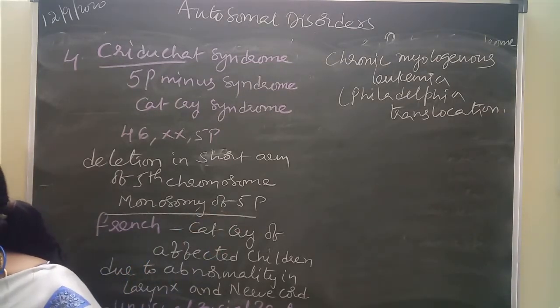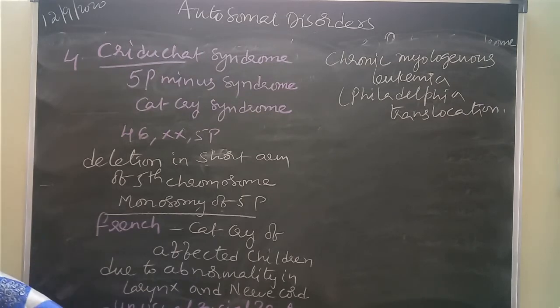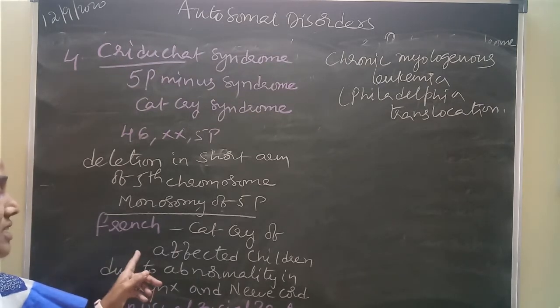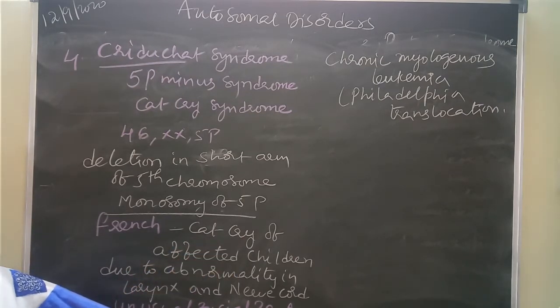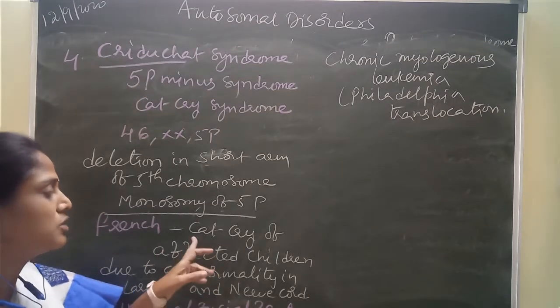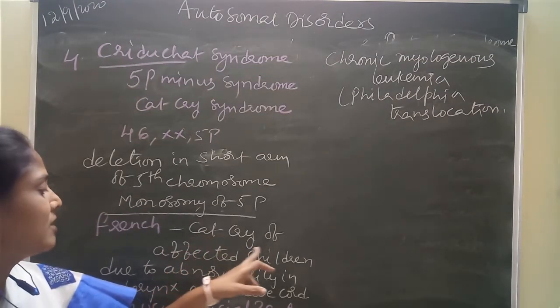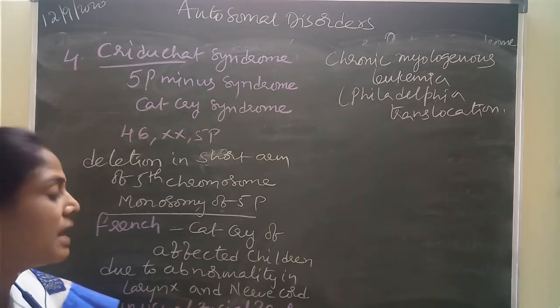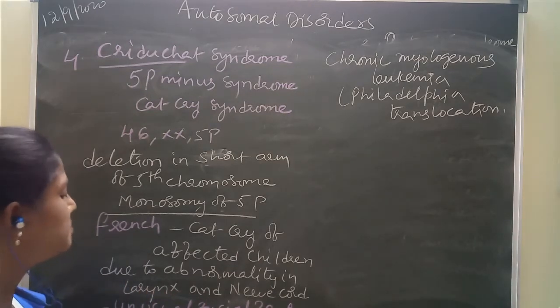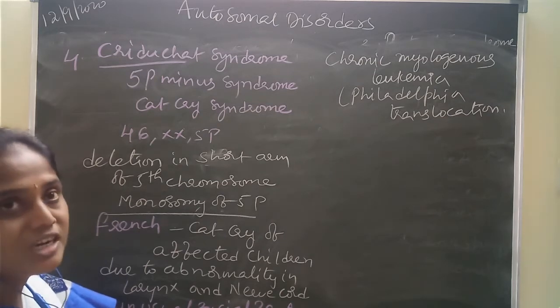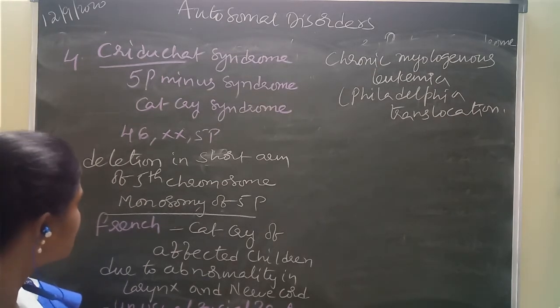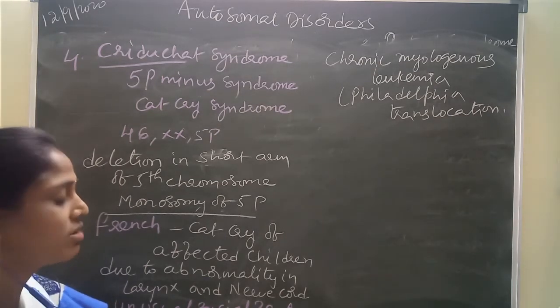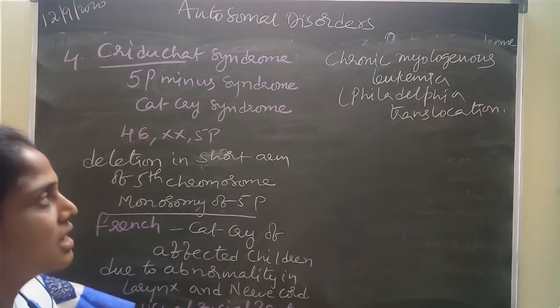It is a French term relating to the characteristic feature of the cat cry of the affected children, and it is only due to abnormality in the larynx and nerve cord. The symptoms of these affected children are a small head with unusual facial features and mental retardation.